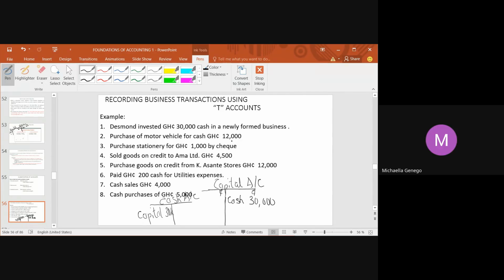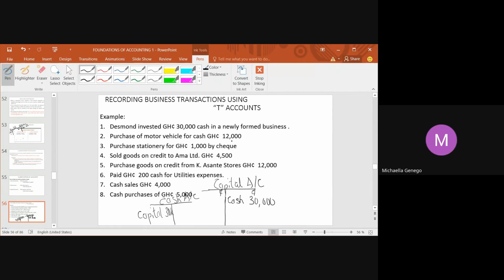Stationery account and what? Bank account. Exactly. What happens to the accounts? Which one are we debiting? We will debit stationery account and credit bank account.